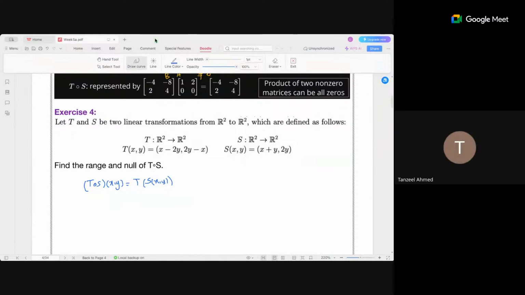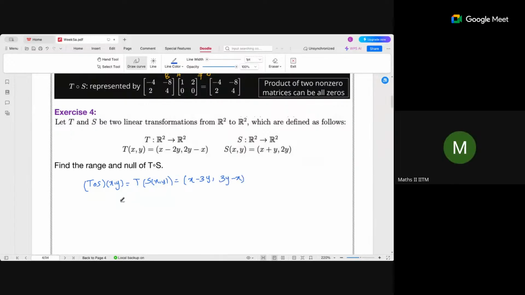T composition S is coming out to be row 1: 1 comma minus 3, row 2: minus 1 comma 3. Okay, you have directly computed the matrix. I wanted the transformation actually. So the transformation is x minus 3y, 3y minus x. Yes.